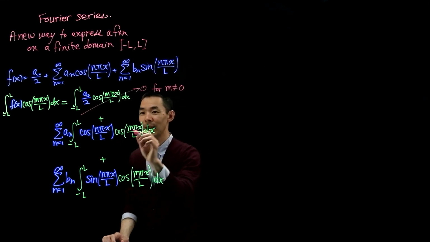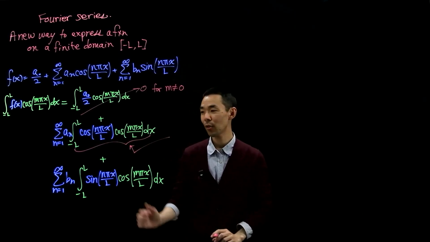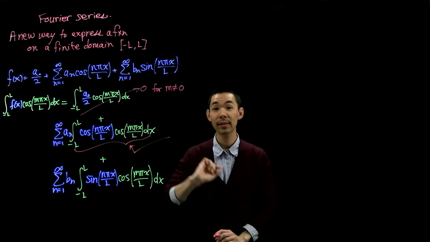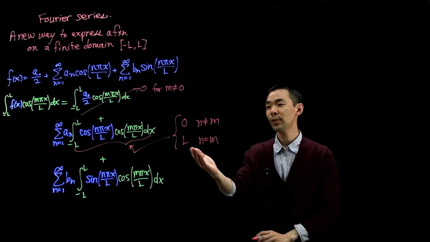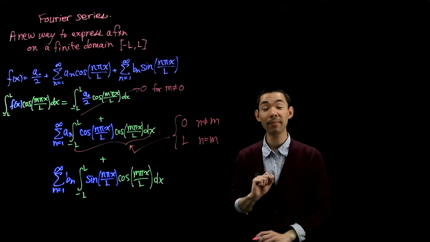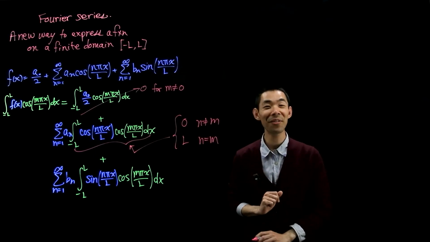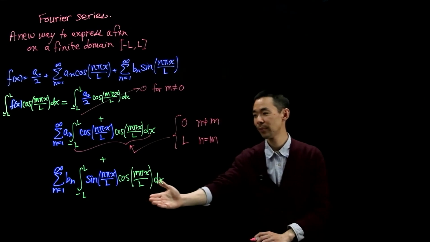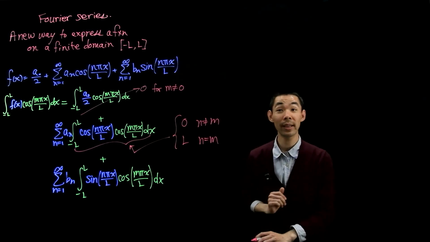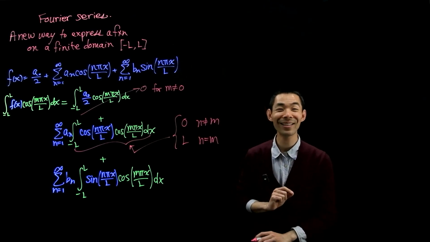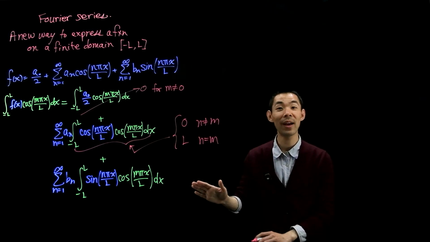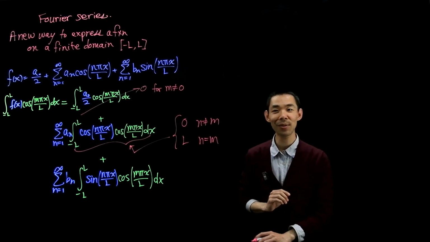So that integral, negative L to L of cosine m pi x over L times cosine n pi x over L dx, is equal to 0 when the indices are not the same, and L when they are the same. Finally, this third term down here, sine multiplied against cosine. We know from orthogonality that this is always 0, regardless of the value of n and m. I showed you test cases earlier.